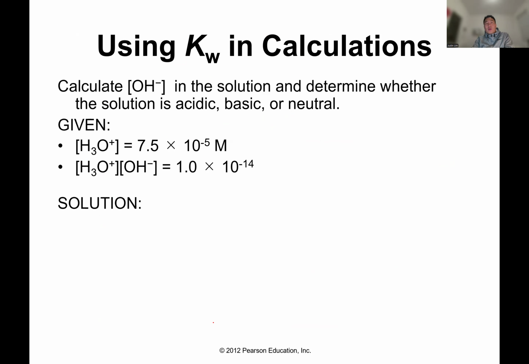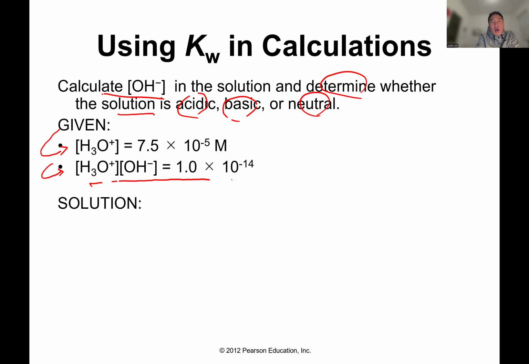So let's solve problems. Calculate the concentration of hydroxide in the solution and determine whether the solution is acid, base, or neutral. What are the givens? The concentration of hydronium, and the concentration of hydronium times the concentration of hydroxide equals 1.0 times 10 to the negative 14.